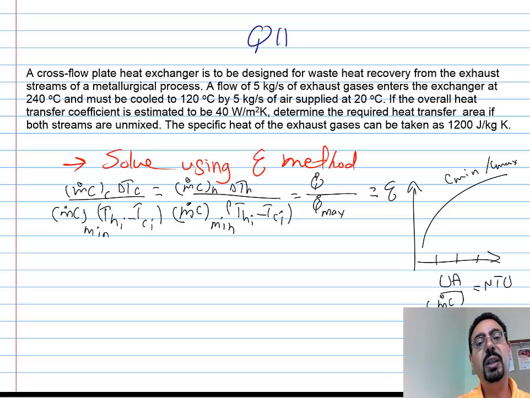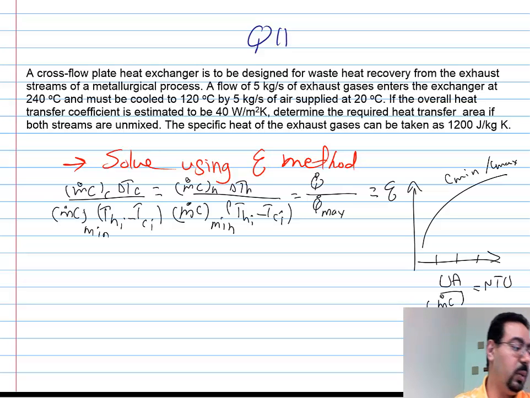So this is a cross-flow heat exchanger, just like our project. All right? To be designed for waste heat recovery, not really just like our project. Our project we are using to heat a cold fluid, but now they are using it to take the heat from a hot fluid. They don't want to leave this hot fluid without using some of its energy first.